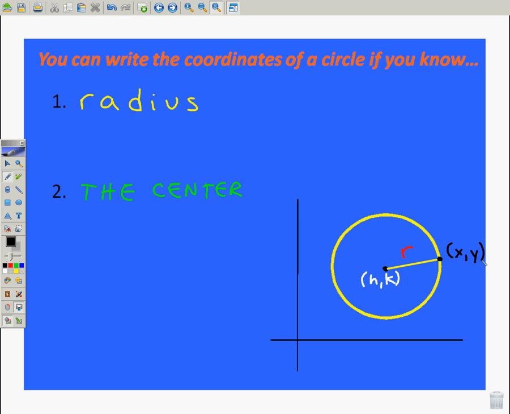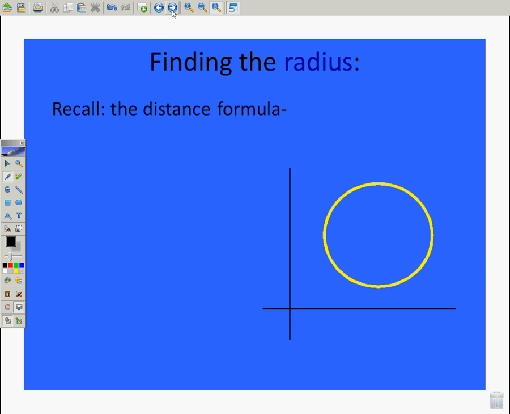That's going to be important in a second when we start to write the equation for a circle. So we're going to denote the center with H comma K, which is an X and a Y wherever that center happens to be, and X, Y is going to be the point on the outside where that radius intersects. To find the equation for the circle, we're going to need to find the radius first. So let's recall the distance formula.